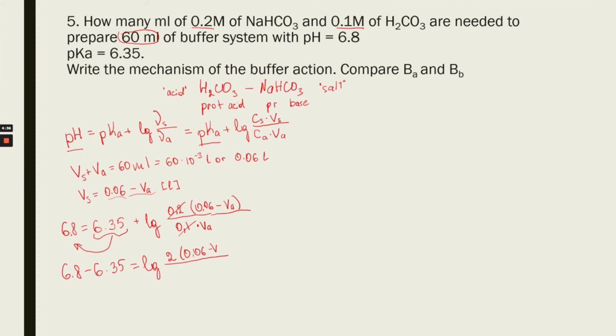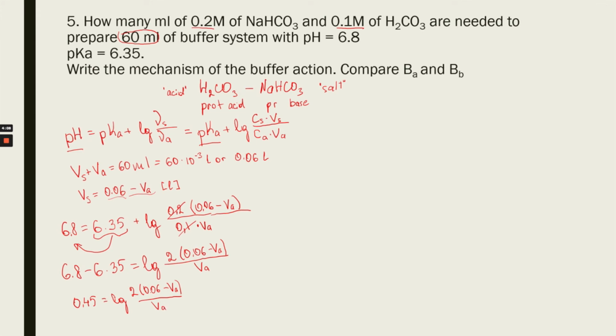0.06 minus VA divided by VA. So this is 6.8 minus 6.35. It is 0.45, and it's equal to logarithm 2.006 multiply VA divided by VA.